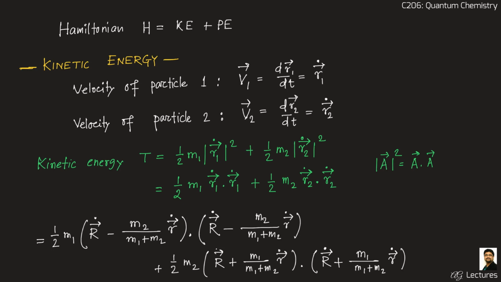So I have plugged in the expressions for r1 and r2 in terms of capital R and small r, and I have taken the dots appropriately, and therefore we get the first part, which is the kinetic energy of particle 1 as half m1, and this entire thing is r1 dot, dot product with again r1 dot. And similarly for the kinetic energy of particle 2, we get half m2, and this is the whole expression for r2 dot and the dot product with r2 dot again.